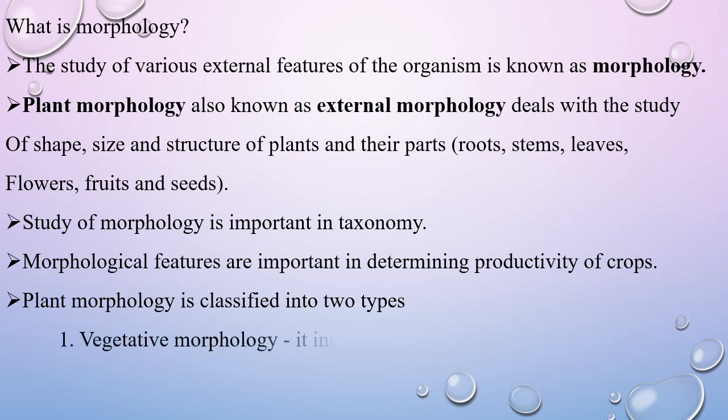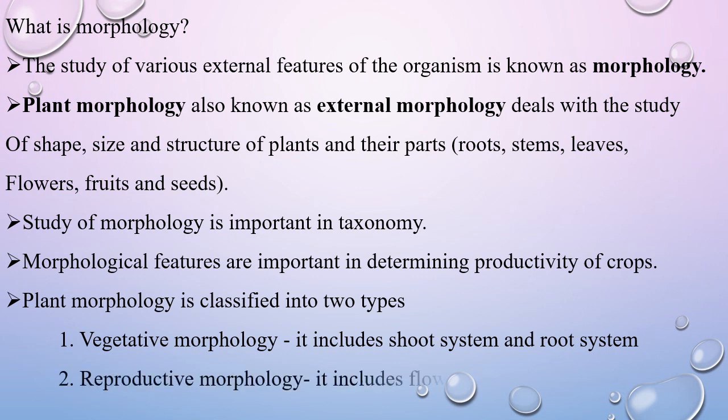One is vegetative morphology, which includes the shoot system and root system. The next one is reproductive morphology, which includes the flowers or inflorescence, fruits, and seeds. In this topic, we are going to discuss vegetative morphology.